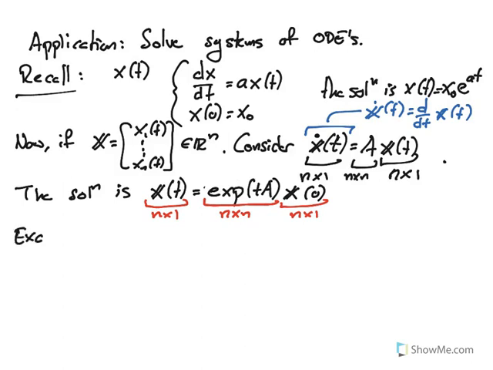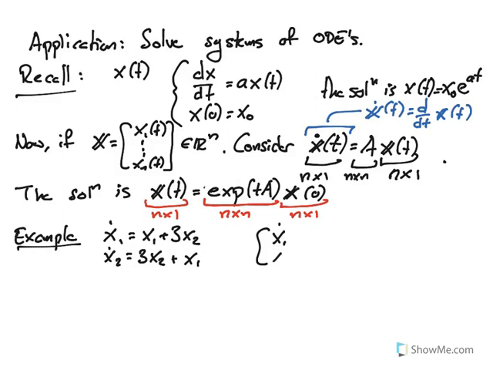So let's maybe make an example here. Say we have x1 dot is x1 plus 3x2, and x2 dot is 3x2 plus x1. Let's use the matrix we had before. In other words, x1 dot, x2 dot is equal to the matrix 1, 3, 3, 1 times x1, x2.